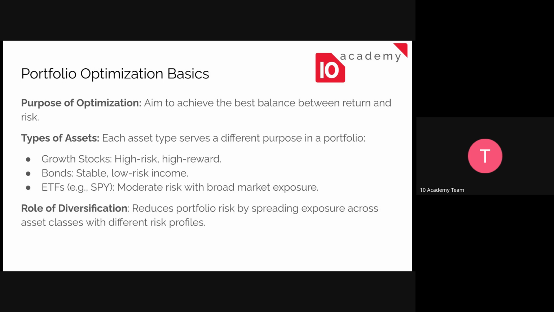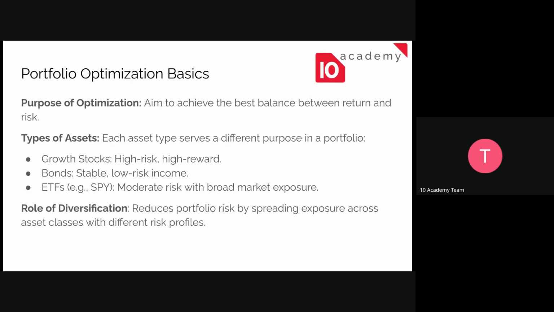You have three types of assets, as you have seen. You have the growth assets, which have high risk and high reward. From these assets, you can see Apple, Nvidia, Tesla, and others, which have high risk but high reward because they are highly volatile. And you have bonds, which are backed by the government or other high governmental institutions.